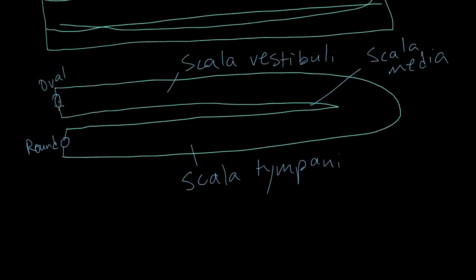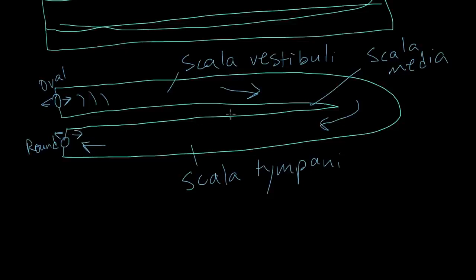So, as the stapes pumps the oval window in and out, it's going to transmit those pressure waves into these fluid-filled compartments, the scala vestibuli, then onto the scala tympani, and then finally the round window is going to pump in and out as well.